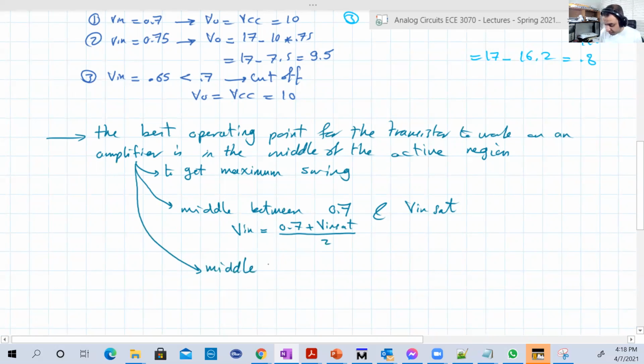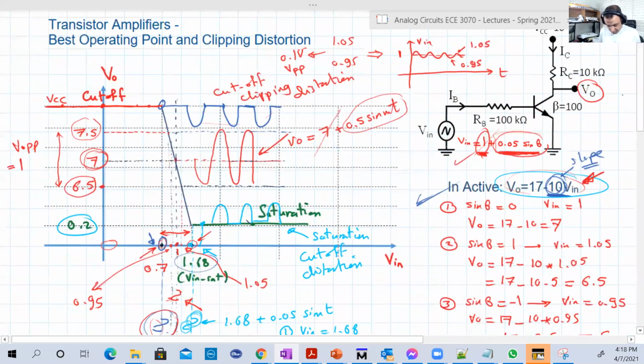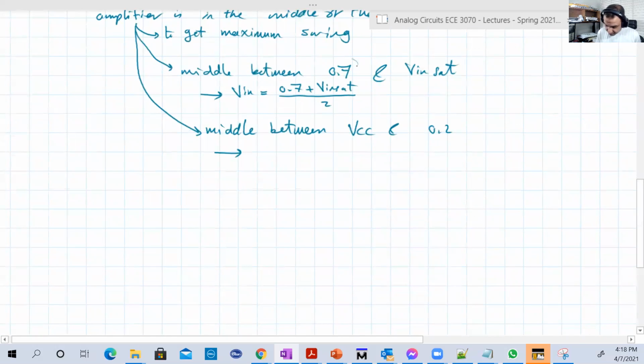Middle between VCC and 0.2, because when V input is equal to 0.7, V output is VCC. When V input is equal to V input set, V output is 0.2. So you can refer to it using the input or the output. So VO is equal to VCC plus 0.2 over 2.